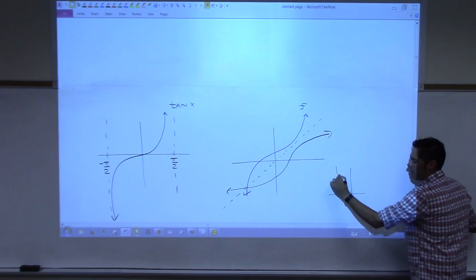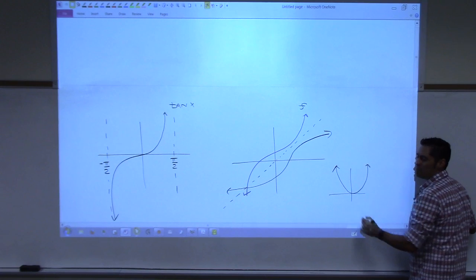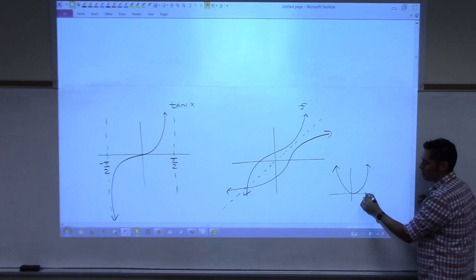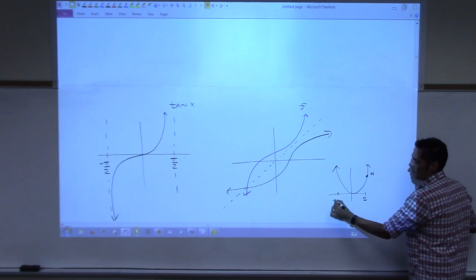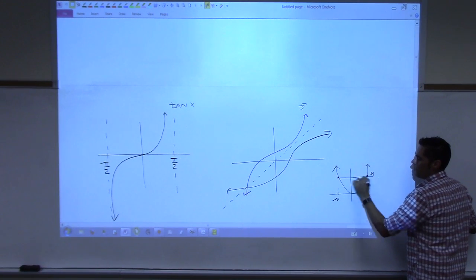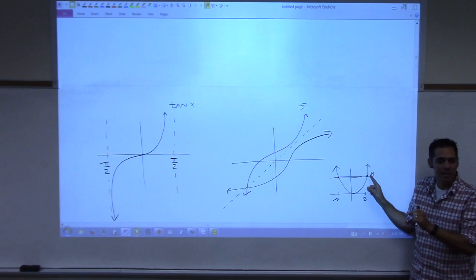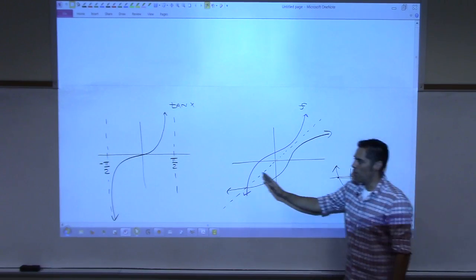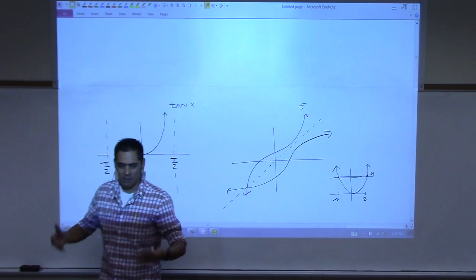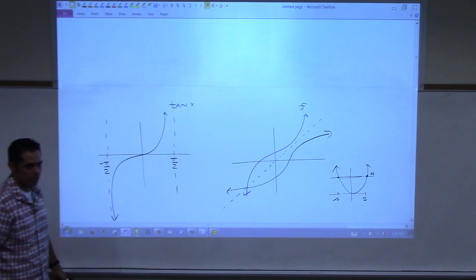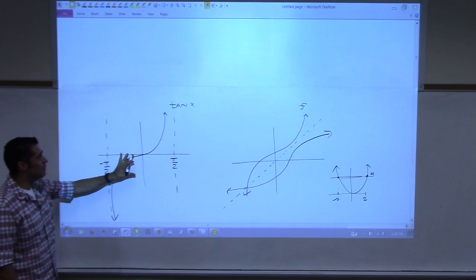Think about the parabola. The parabola is not 1 to 1 because if you plug in 2, you get 4. You plug in negative 2, you get 4. That's not 1 to 1. Every input doesn't go to a unique output. This is 1 to 1, which is what makes it invertible. It has an inverse. So this is an invertible 1 to 1 function here.